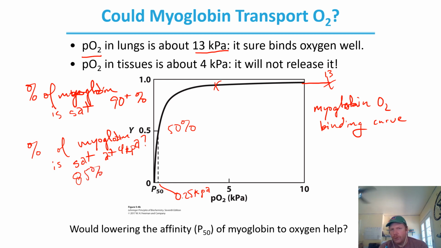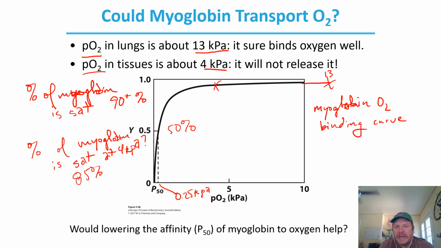So myoglobin, if it were responsible for binding oxygen and then going to a place where the concentration is lower in hopes that it would release it, well, it's not going to do that. It's not going to release it to a high enough concentration, because when you look at these two environments, the tissues versus the lungs, both of those environments have high enough oxygen concentrations that it's going to be more than 50% saturated.